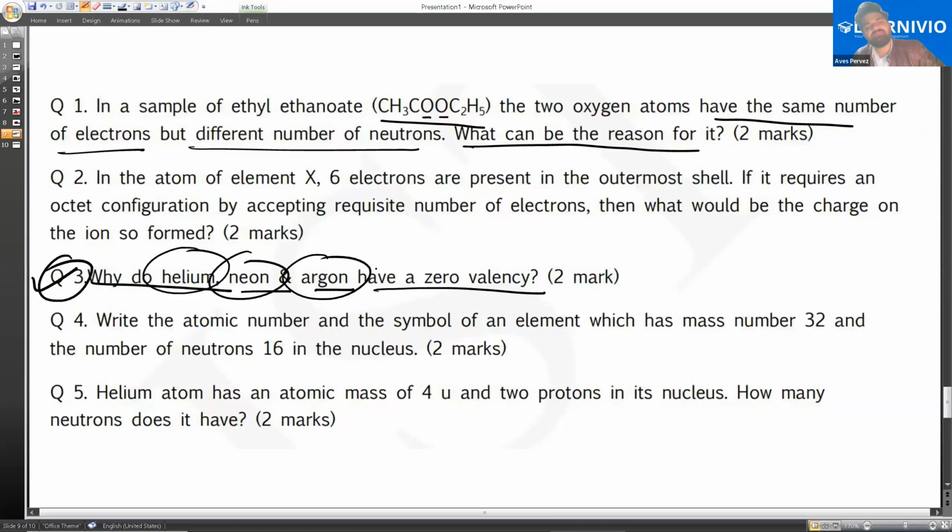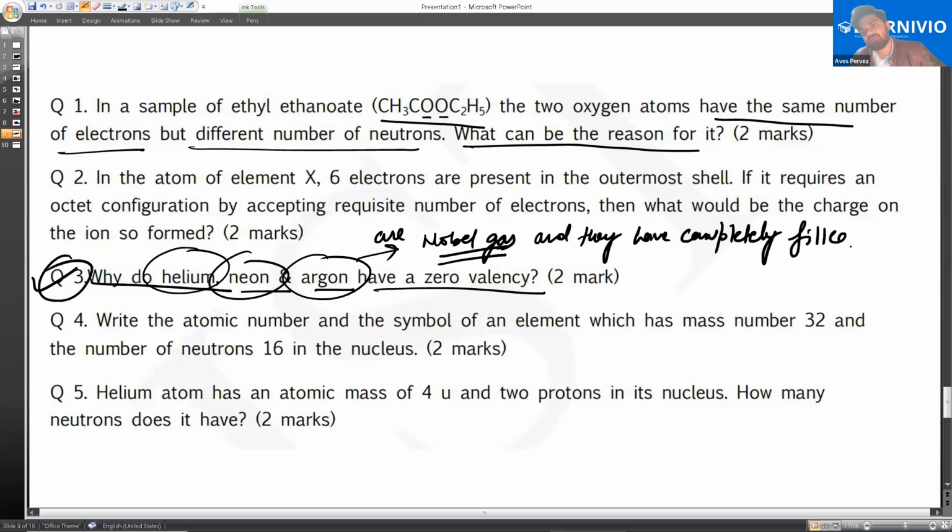Helium, neon, and argon have zero valencies. Why do they have zero valencies? Because they are noble gases. Helium, neon, and argon are all noble gases, and they have a completely filled shell. That's why they have zero valency.